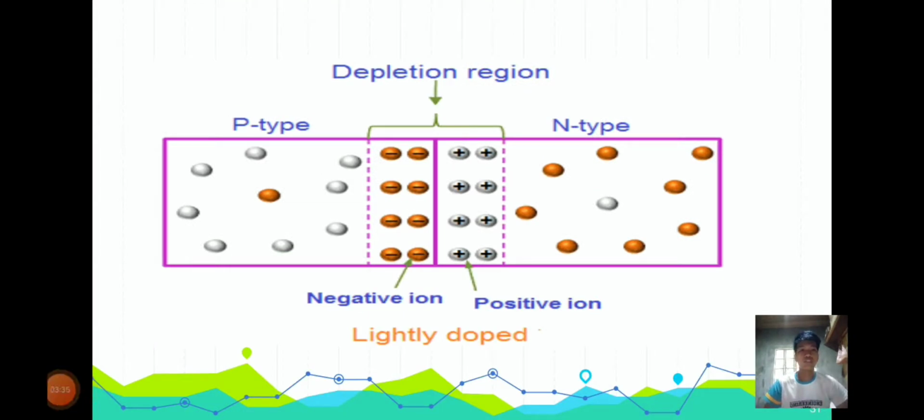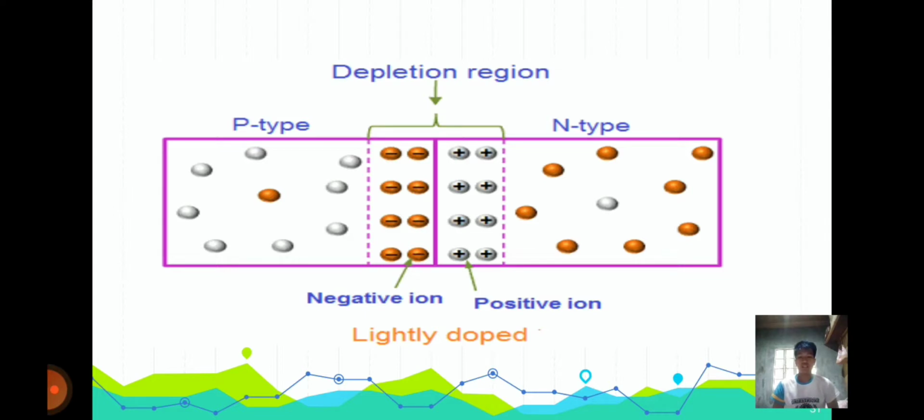So depletion regions are lightly doped. The free electrons in the n-type semiconductor experience a repulsive force from each other and try to move from a higher concentration region, the n side, to a lower concentration region, the p side. Similarly, the holes try to move from a higher concentration region, the p side, to a lower concentration region, the n side.